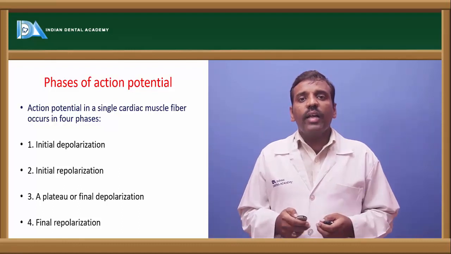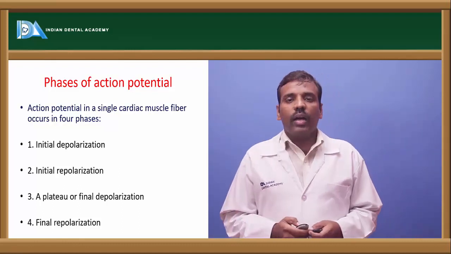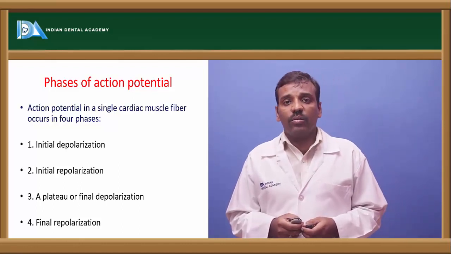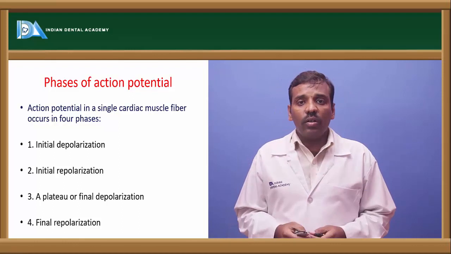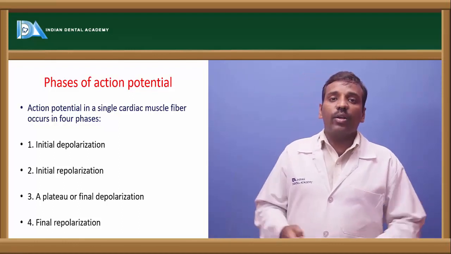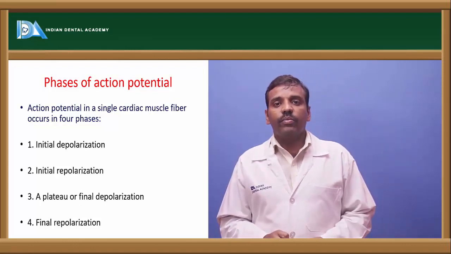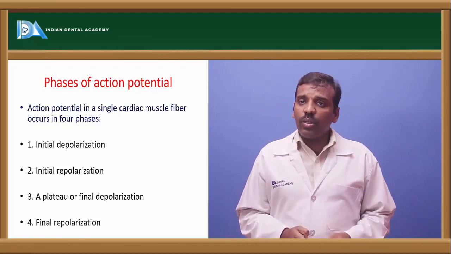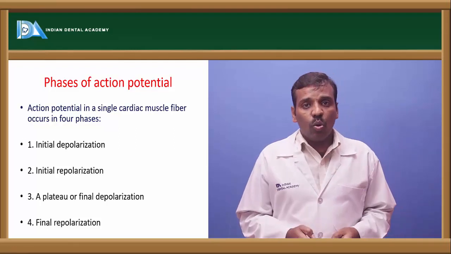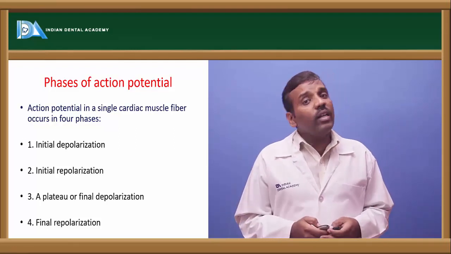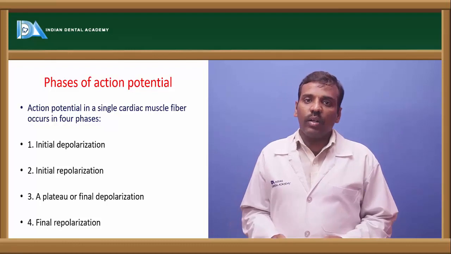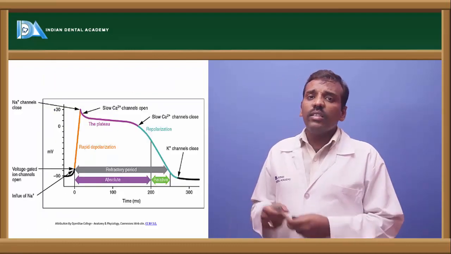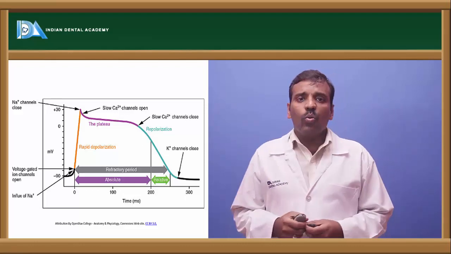And next is initial repolarization, and then there is a plateau or the final depolarization. This is the third stage, and next is final repolarization again. Initial depolarization, initial repolarization, then a plateau, also called final depolarization, and then final repolarization. If you see this diagram, we'll come to know what this is.